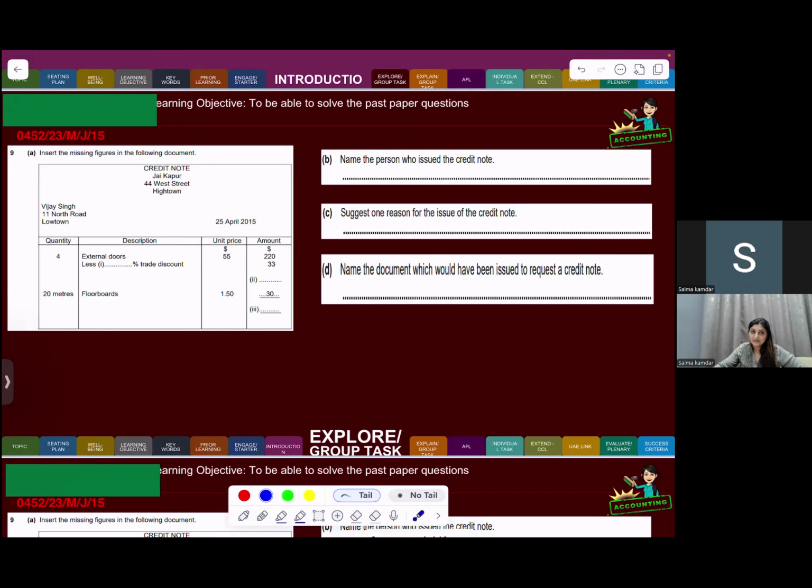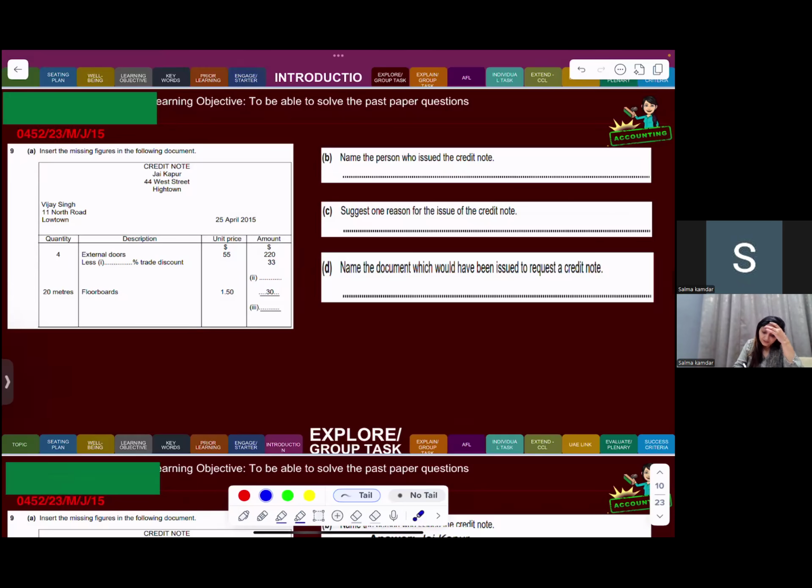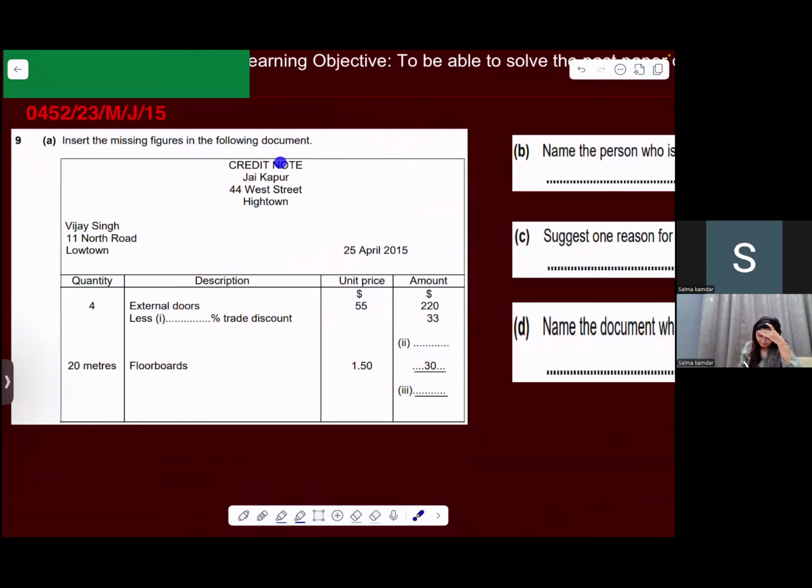It's a May, June 2015 question. So here is a question. Credit note is issued by Jai Kumar. So Jai Kumar is the supplier. He is doing sales return.